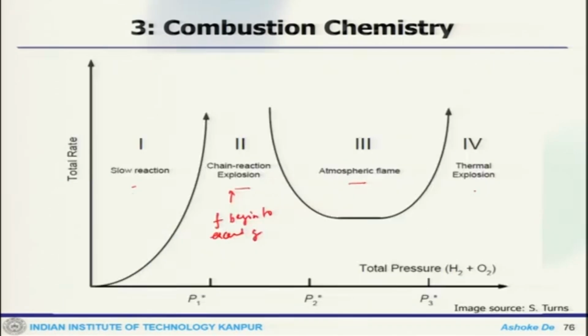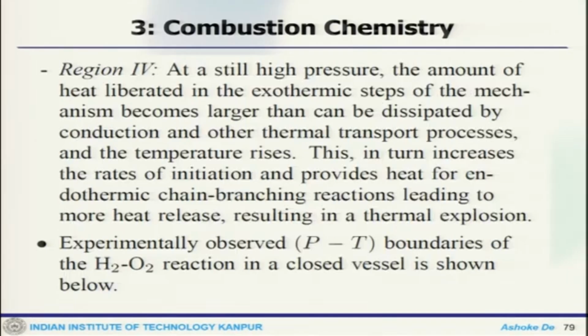The amount of heat liberated in the exothermic steps of the mechanism becomes larger than can be dissipated by conduction and other transport processes as the temperature rises. This in turn increases the rate of initiation and provides heat for endothermic chain branching reactions, leading to a net heat regime, which will lead to explosion.